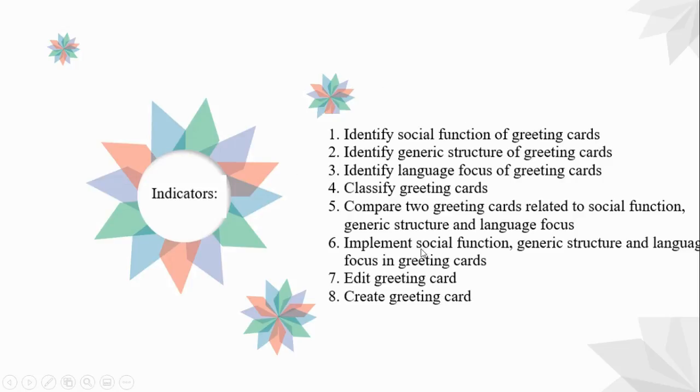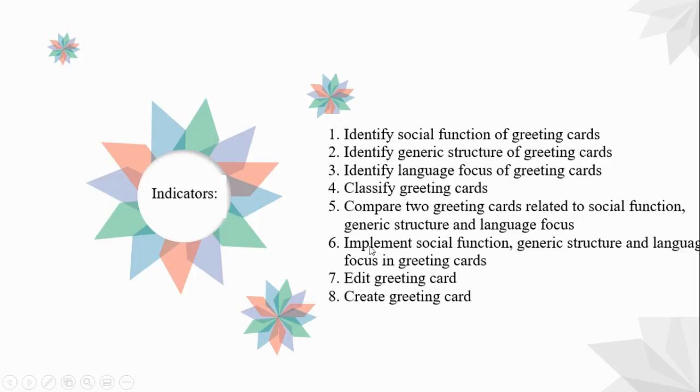Based on the indicators here, we have known that indicators number 1 until number 6 could be classified as LOTS. So starting from number 1 until number 3, they could be classified as C1 or remembering, and then number 4 and number 5 we consider as Bloom's taxonomy level 2 or C2, identification or classification.